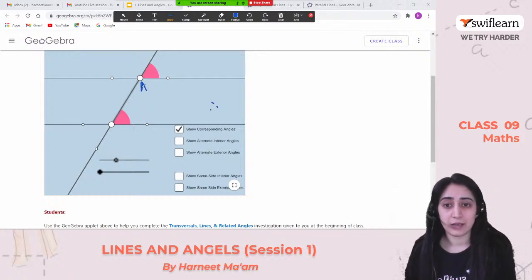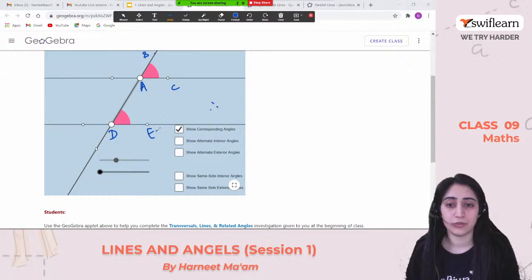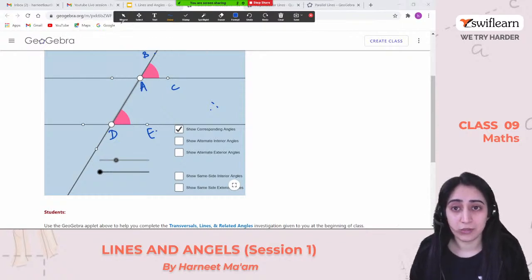Let this be angle E and let's say C. Let's make this point A, D, E. Now that would be easy to explain. This angle BAC is equal to angle ADE and they are corresponding angles. So in this case, these two angles are equal.